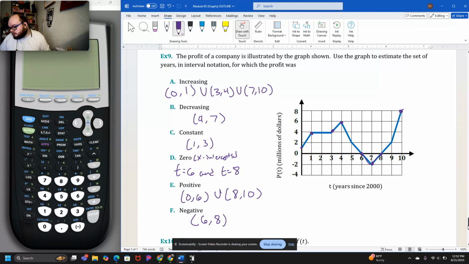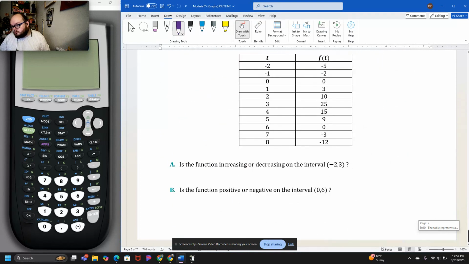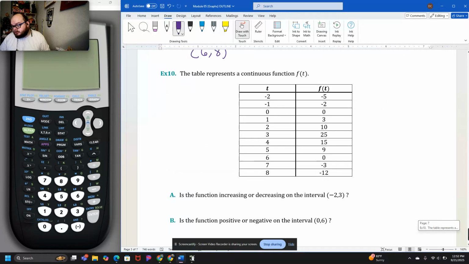Now if we scroll down, is the function increasing or decreasing on the interval negative 2 to 3? So on the interval of negative 2 to 3, are we increasing or decreasing?